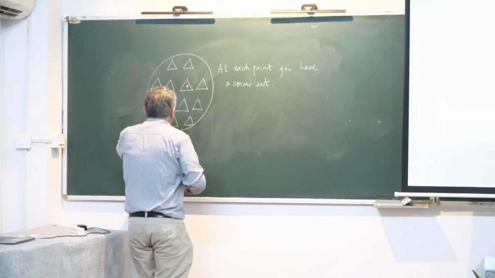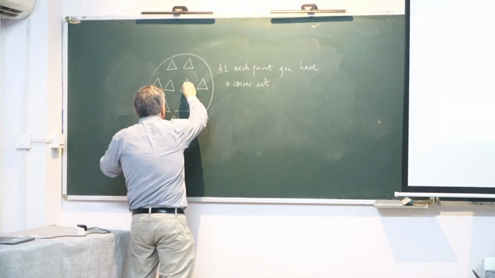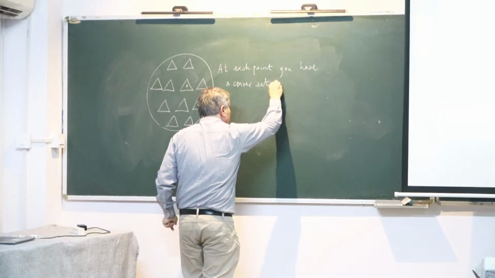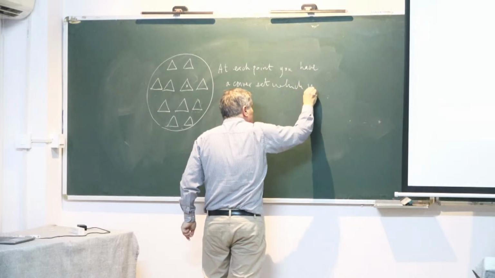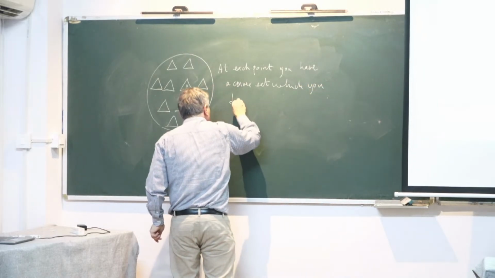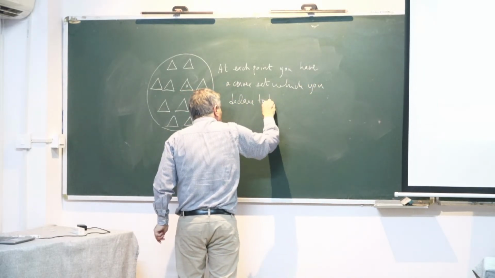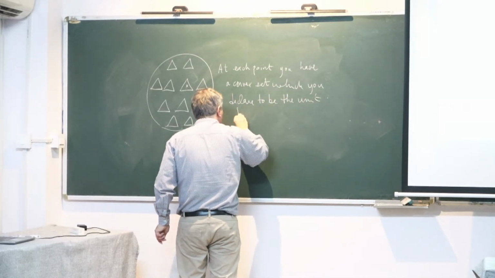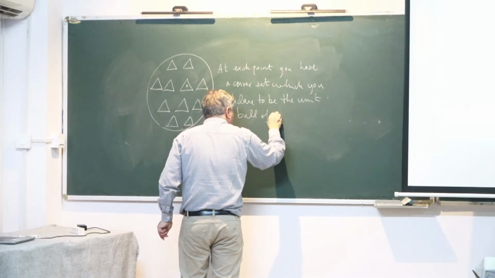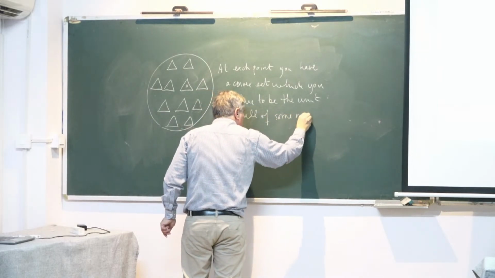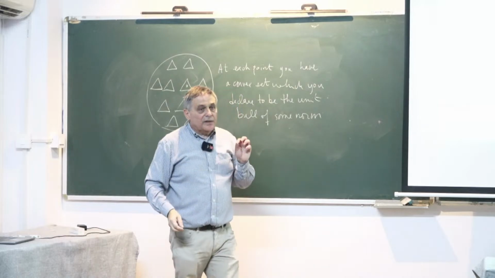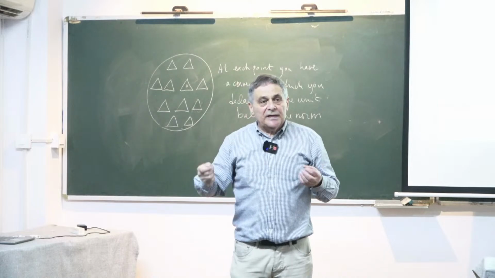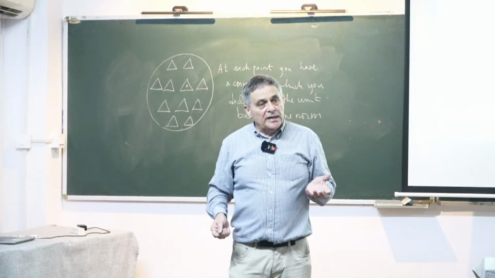So take this point. At each point, you have a convex set, which you declare to be the unit ball of some norm, and it means now that at each point I can say what is the measure of a vector, right?